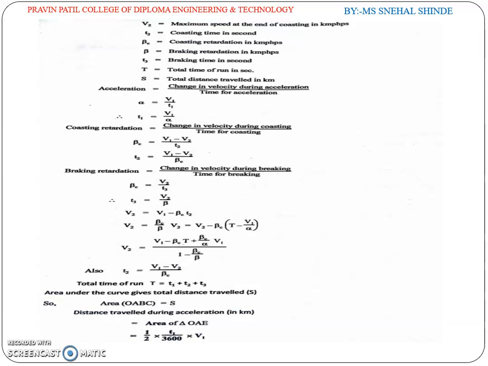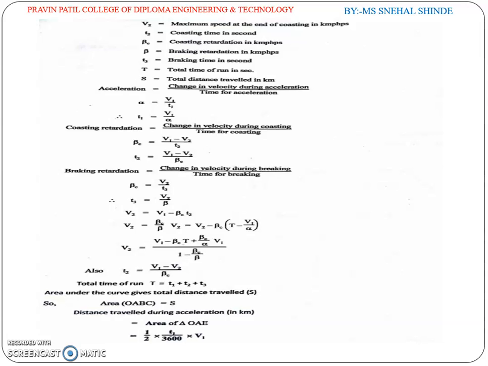Then coasting retardation is the change in velocity during coasting upon the time for coasting. Beta 0 equals V2 divided by T3. Then T3 equals V2 divided by beta. So V2 equals V1 minus beta 0 into T2.